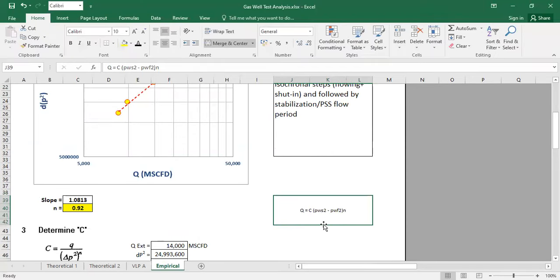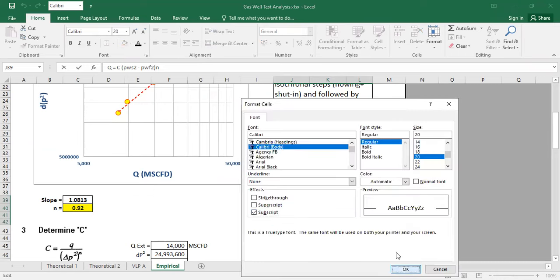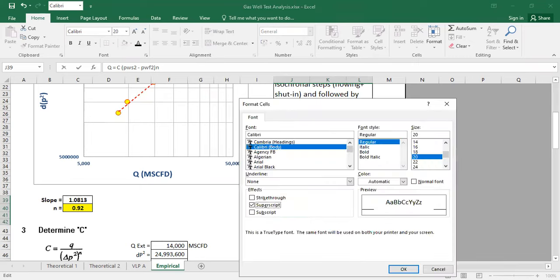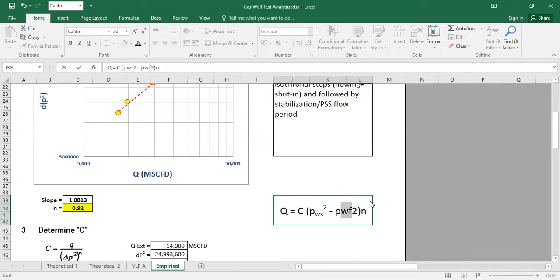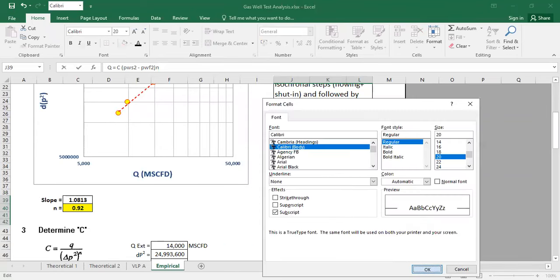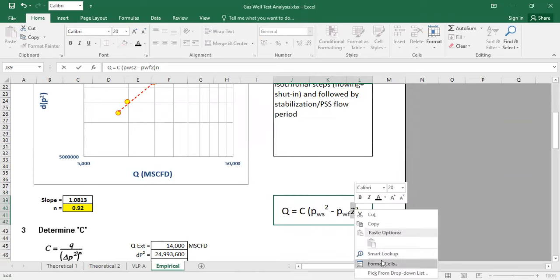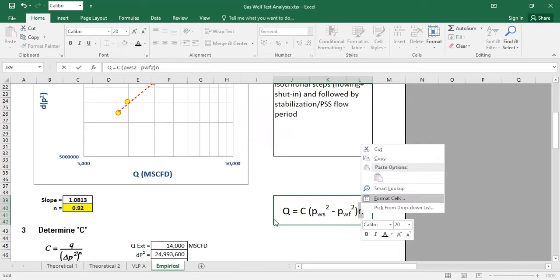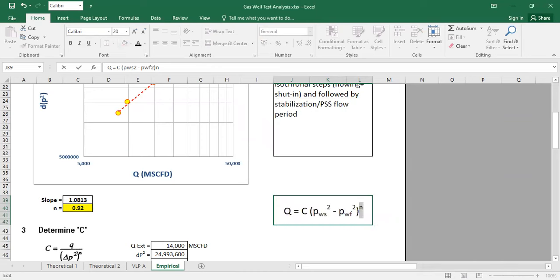Okay, let me make it bigger like this and then make it as subscript and then this one as superscript. Beautiful. And then this one subscript, that one superscript. Lastly, the N, the exponent, superscript. All right.